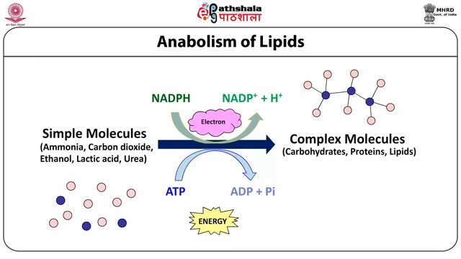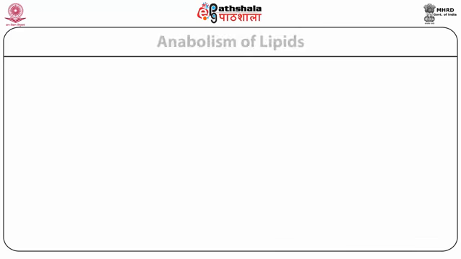The reaction requires NADPH, where electron transfer takes place, resulting in the formation of NADP and hydrogen ion. As discussed before, adenosine triphosphate serves as the energy source for the reaction.